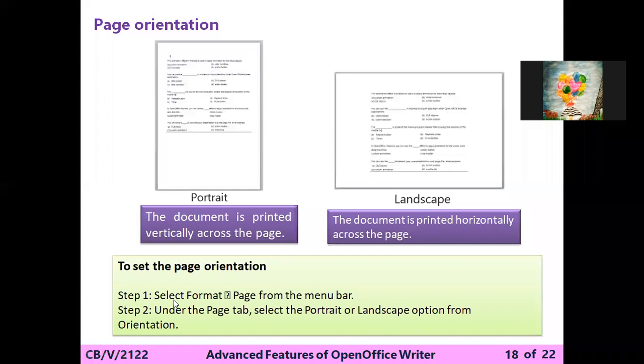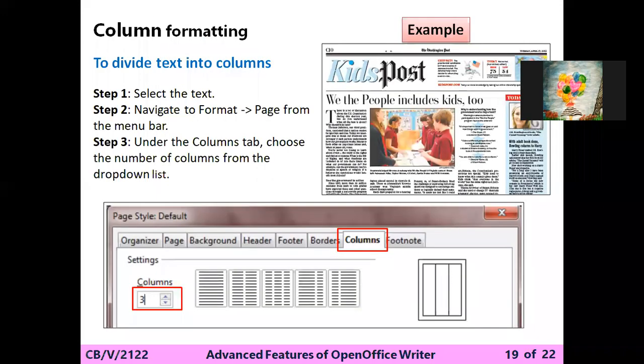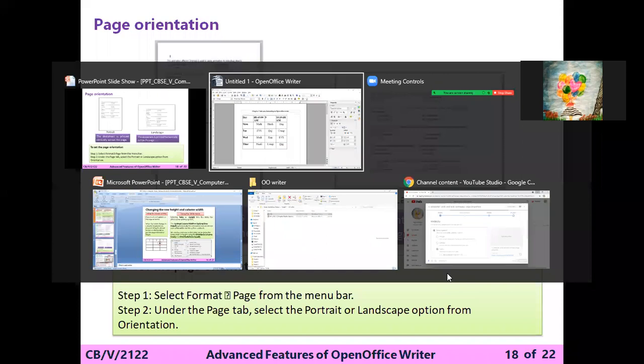Same thing, select the format, go to the page option from the menu bar. Under the page tab, select portrait or landscape from the orientation option. Let's see the demo.